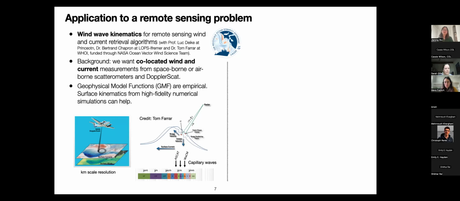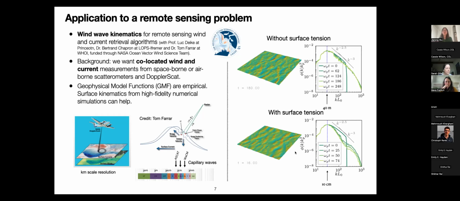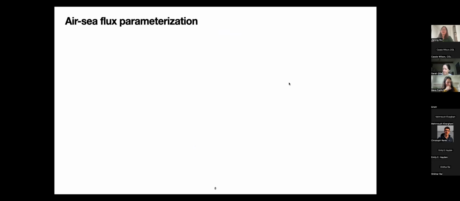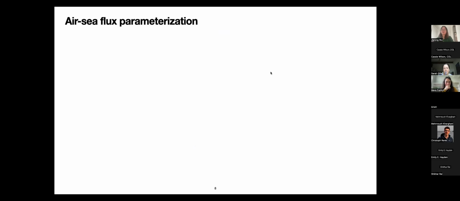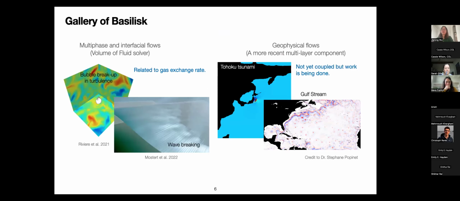So hopefully through these high fidelity numerical simulations, we can get, for example, statistics of these wind wave kinematics, so that we know under what condition how the waves behave, and that will help develop these algorithms. And this is some preliminary results showing that in the multi-layer framework. Maybe this video is not playing, it's a screenshot.